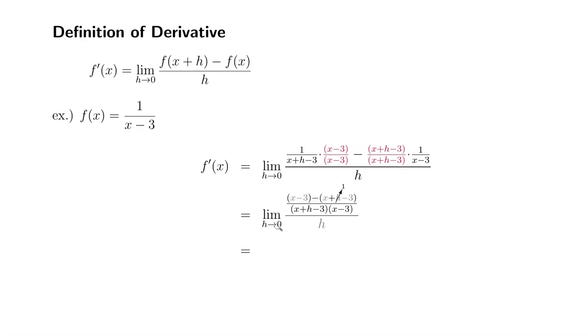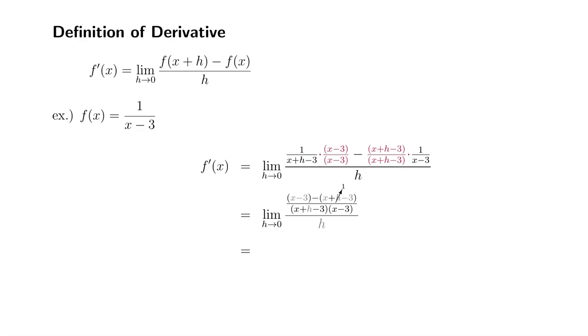H is approaching 0. So you can see that here, this h is going to 0, which means that it is going to disappear. So I'm going to gray that one out as well. What's left is negative 1 on top, then you have the quantity x minus 3 times another x minus 3, so the quantity x minus 3 squared.